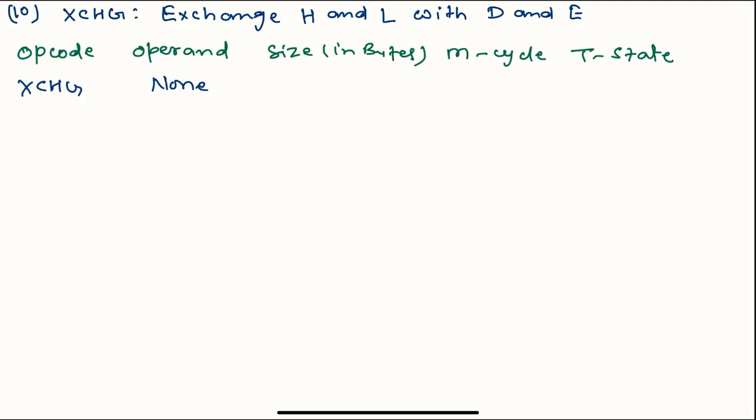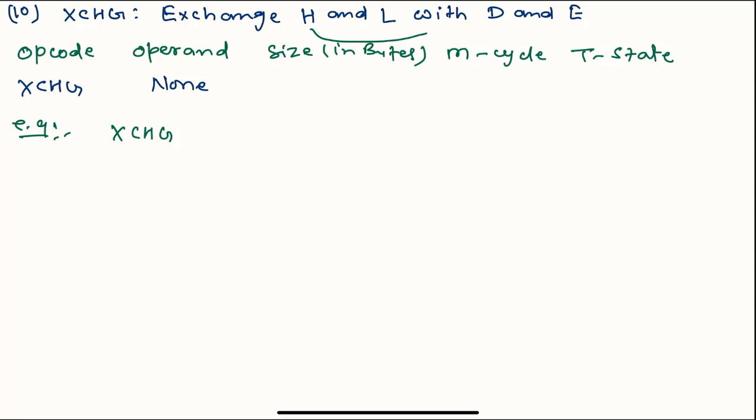Let's understand its functionality in detail with an example. Let's say the instruction is XCHG, and no operand is required because the operands are implied by default. The functionality of this instruction is to exchange the HL register pair with the content of the DE register pair.